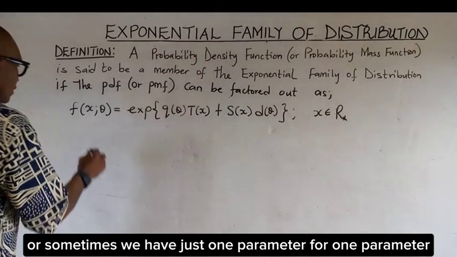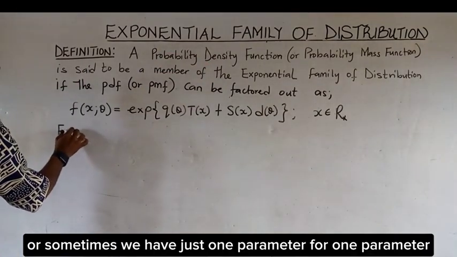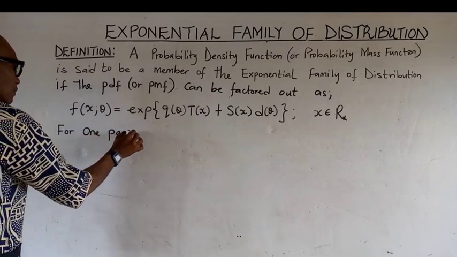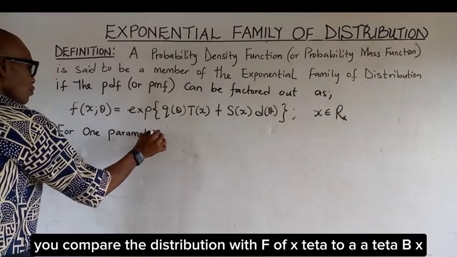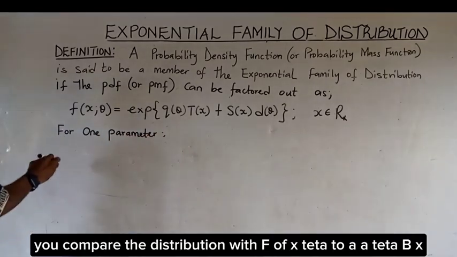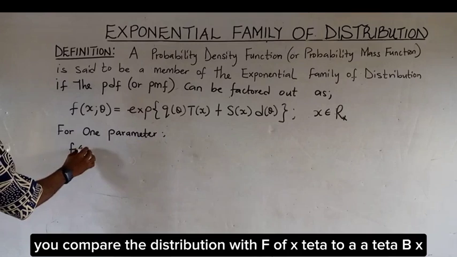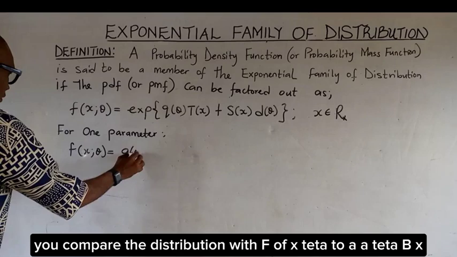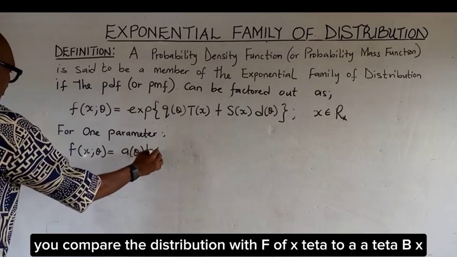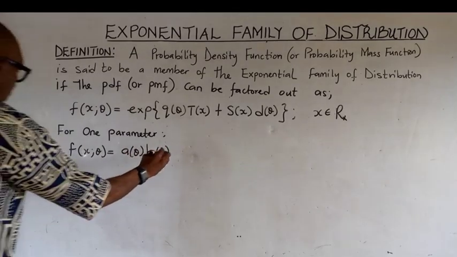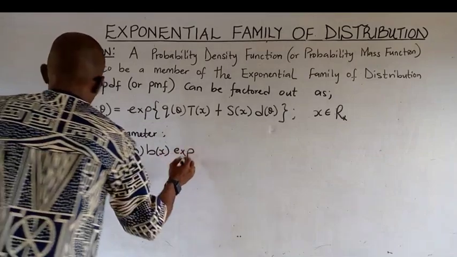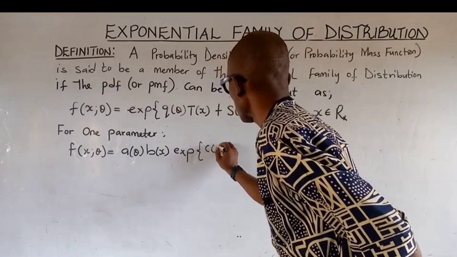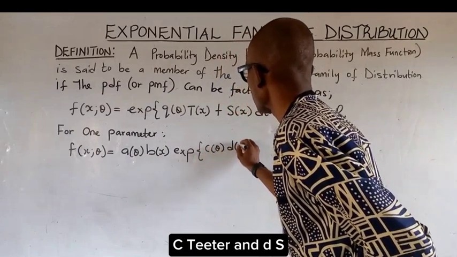Or sometimes we have just one parameter. For one parameter, you compare the distribution with f of x given theta equals a theta b x exponential of c theta and d x.